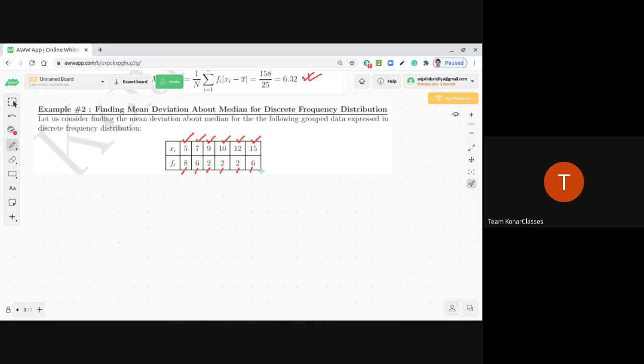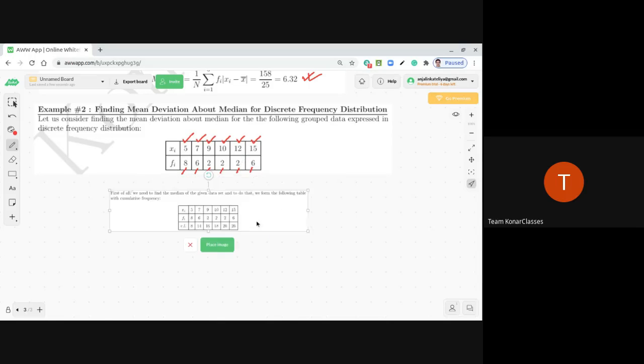Now in this case, you need to find the median first. Dear students, the first and foremost thing is to find the median, and to find the median we need to find the cumulative frequency, and to find the cumulative frequency we need to construct the following table, and that table I'm going to show to you now.